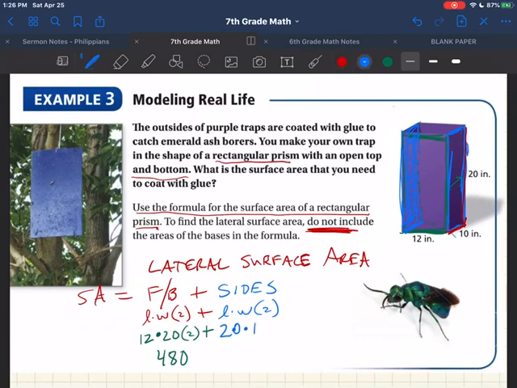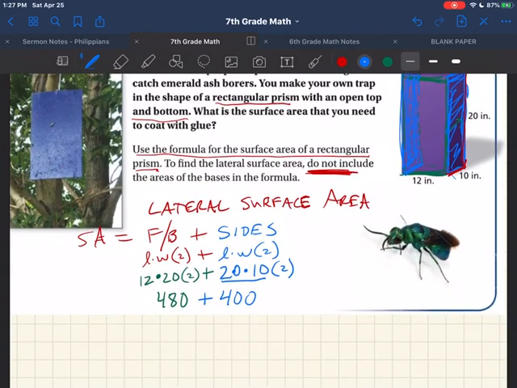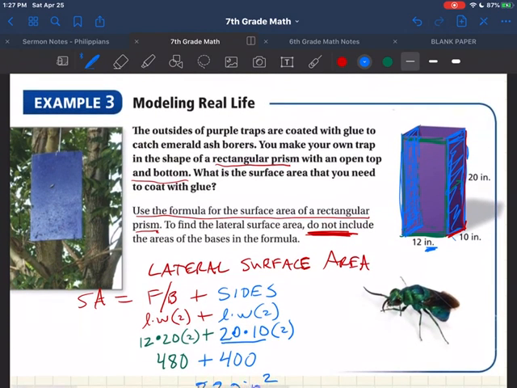Is 10. Look at me remembering to do stuff. And then times 2, because there's two sides. Do you see two sides? I see two sides. Okay, so times 2. So 20 times 10 is 200. 200 times 2 is, so plus 400. And that gives us, drum roll, 880. And that's correct. And it is inches squared, because we're doing area still.